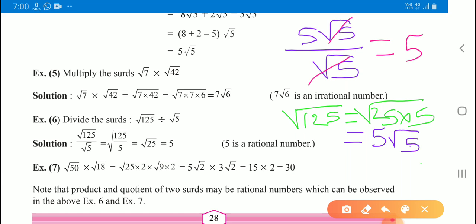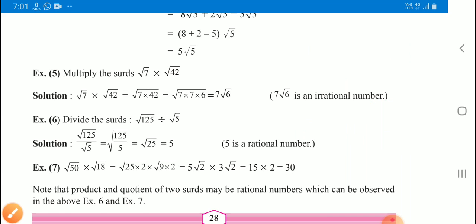Okay. One more example they have given here. That is, here keep in mind 5 is a rational number. One more example they have given, that is root 50 into root 18. You can solve this example by two methods. First of all, you can find the factors of 50, that is 25 into 2, and factors of 18, 9 into 2.